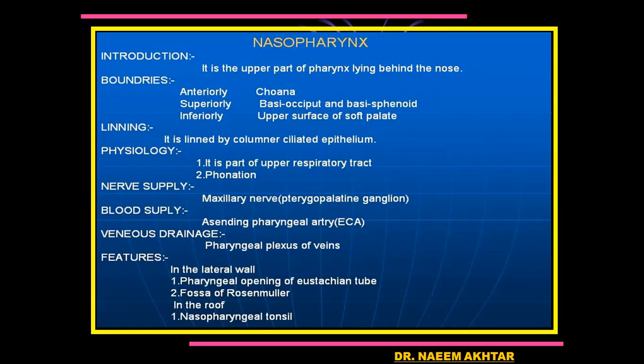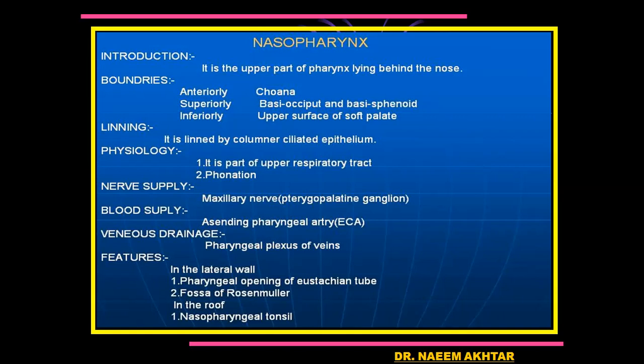As far as the nerve supply is concerned, the nasopharynx is supplied by the maxillary nerve through the pterygopalatine ganglion. Blood supply, it is supplied by the ascending pharyngeal artery, which is a branch of the external carotid artery. Venous drainage is through the pharyngeal plexus of veins.